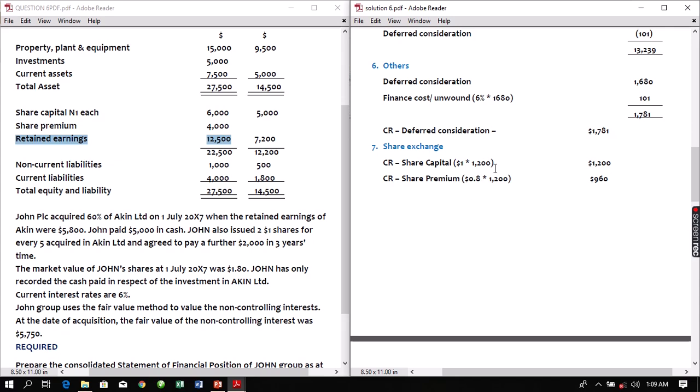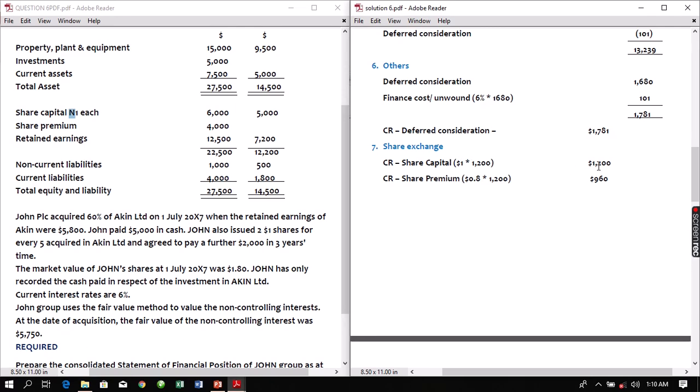But don't forget, share capital can only be recorded at its par value, which is nominal value. So that is why we'll come here. What is the par value of this company's shares? Coming to my account here, the par value is $1. So I multiply $1 times 1,200, giving me 1,200.